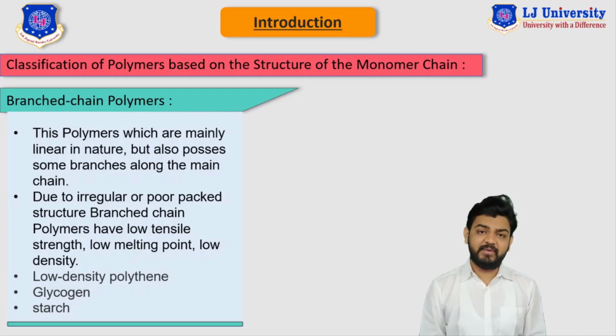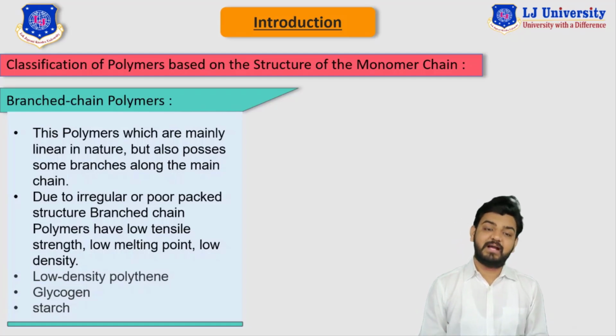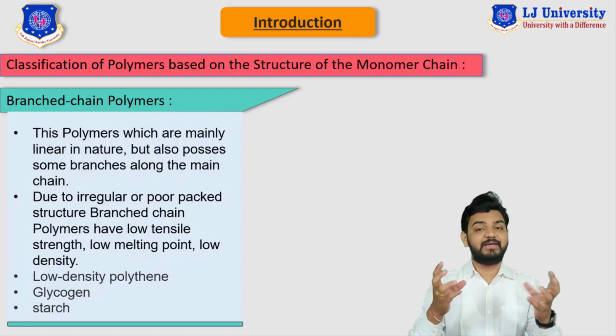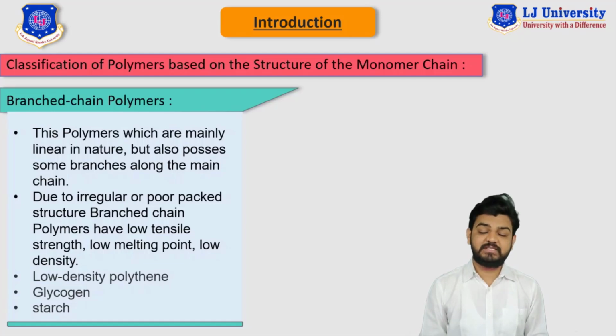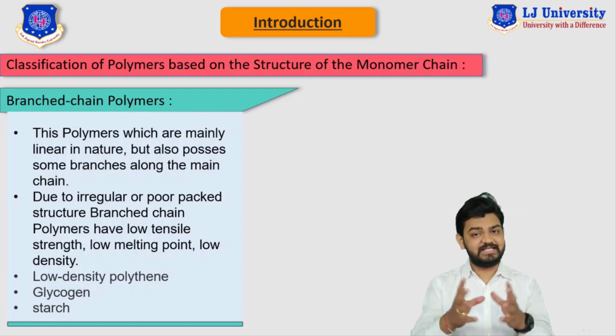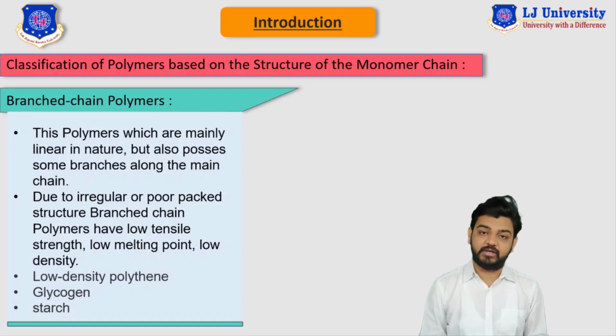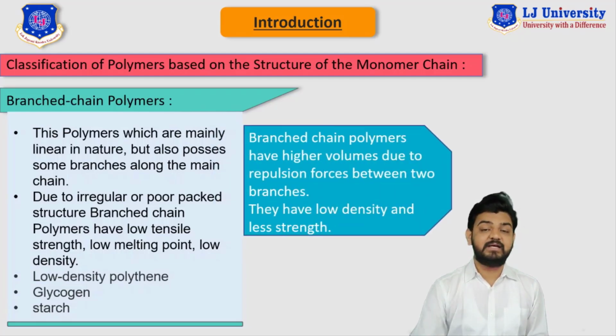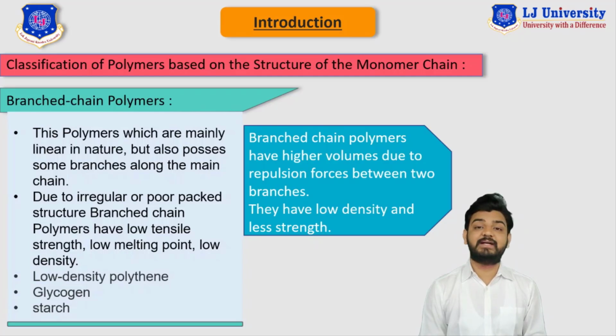Examples are low density polyethylene, glycogen and starch. Basically, their monomers are relatively apart from each other, and that causes them to have low tensile strength and low melting point. It is not that difficult to understand that since their monomers are relatively apart from each other, their volume will be larger.